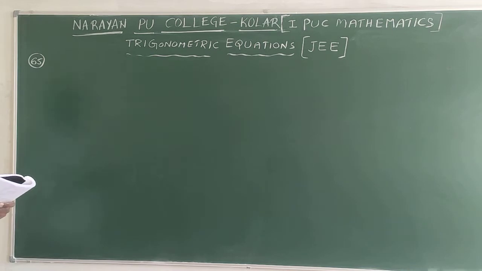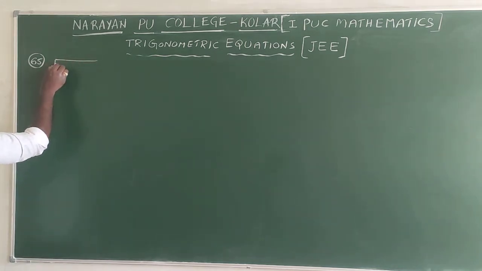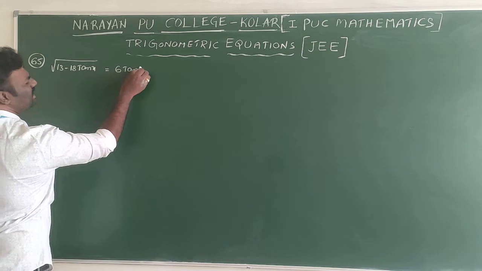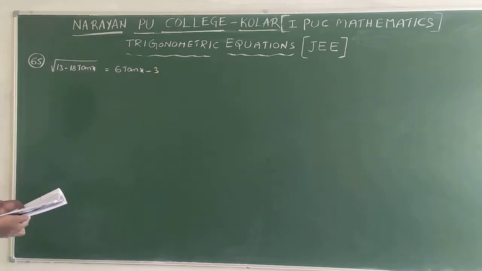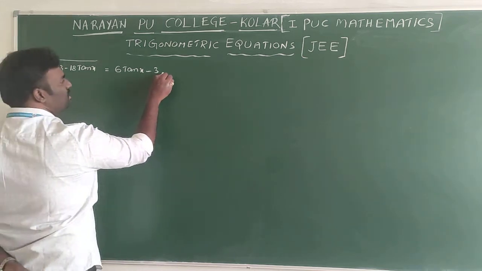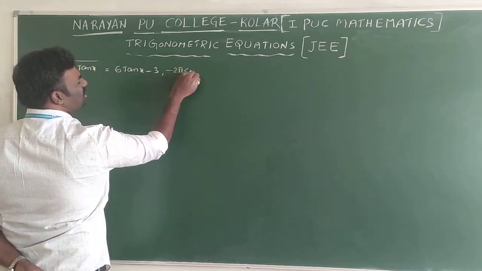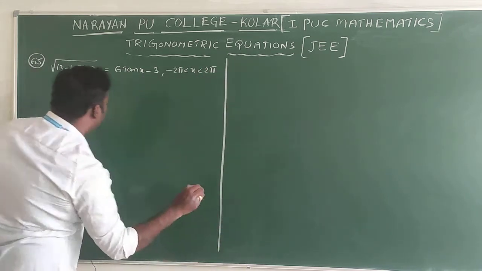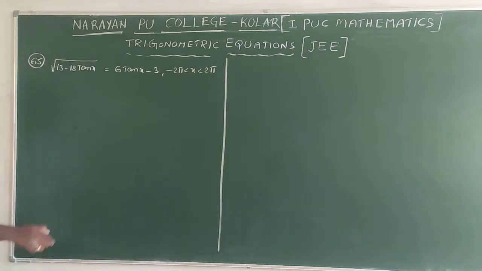The number of solutions of the equation under root of 13 minus 18 tan x is equal to 6 tan x minus 3, where x lies between minus 360 and plus 360. Already yesterday also we got this model of question. When the root is given, first square on both sides.